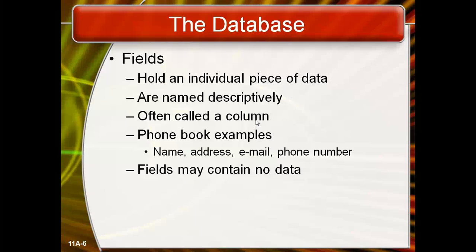For example, in a phone book, name, address, email are the field names, and the data itself within a column would be called a field. Fields may contain no data.